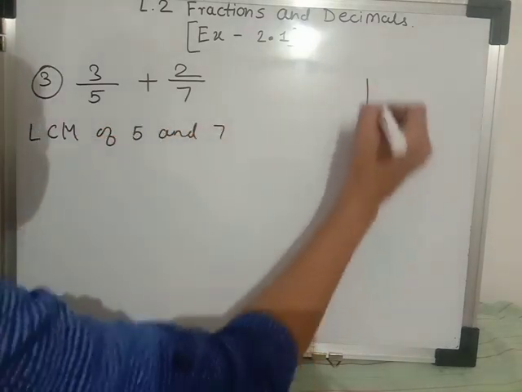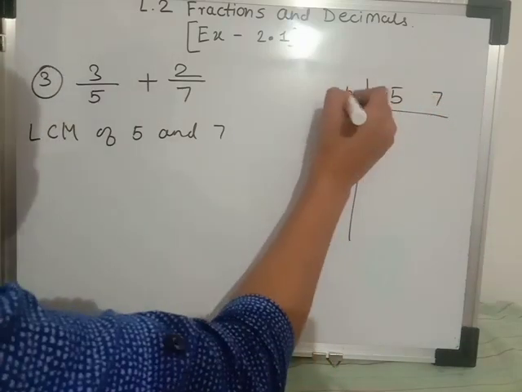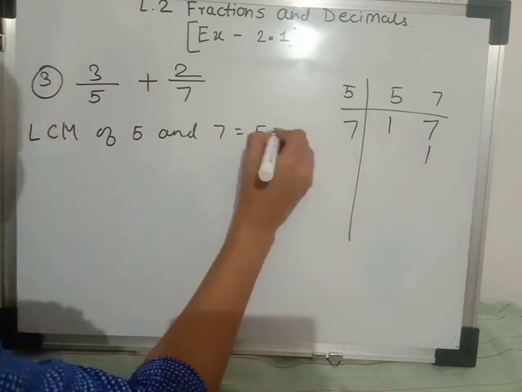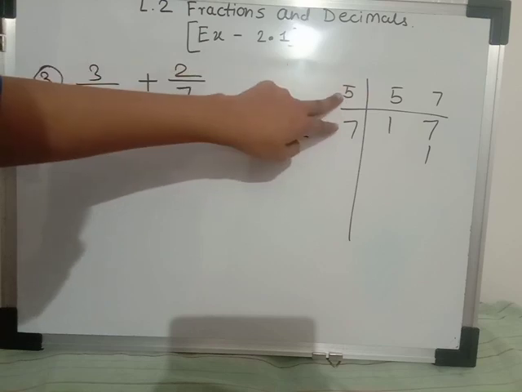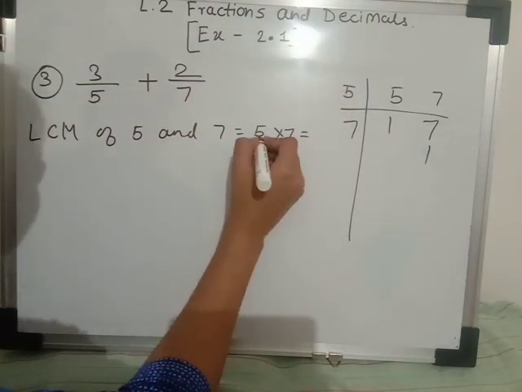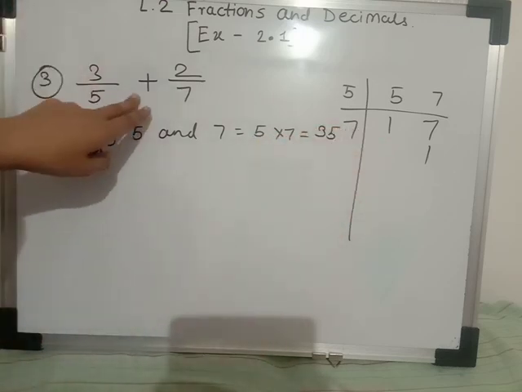Both numbers are prime numbers because they are divisible only by themselves. So 5 ones are 5, 7 as it is, 7 ones are 7. So here 5 multiply by 7, and after finding your LCM, whatever numbers you get on the left side, you have to multiply them. 5 sevens are 35. So our denominator will be 35.